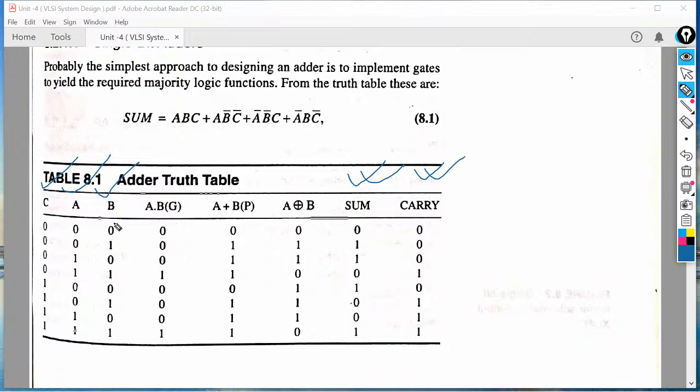This is the operation of a simple full adder. In a simple full adder, we add these three bits and accordingly we get the sum and the carry. Such as when we add 0 0 0, we get sum as 0 and carry as 0. When we add 0 0 1, we get sum as 1 and carry as 0.